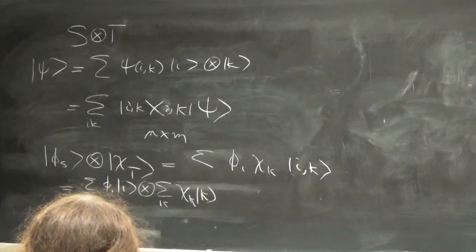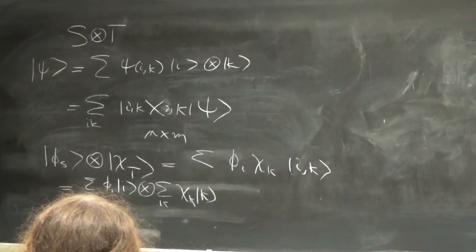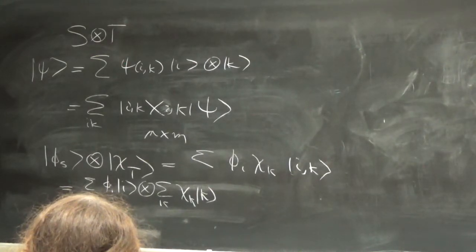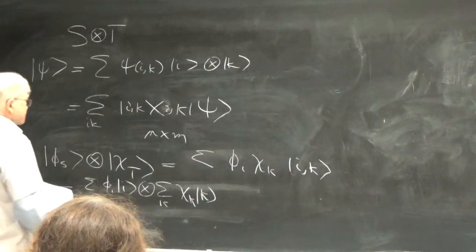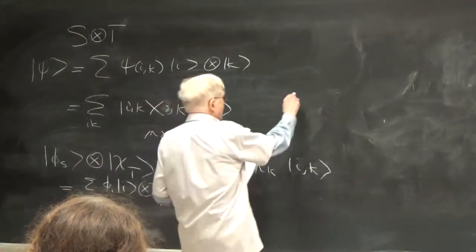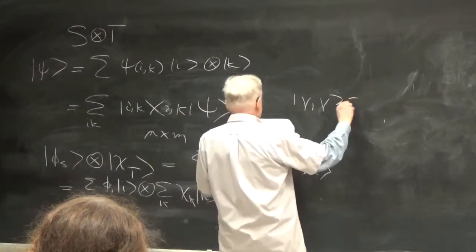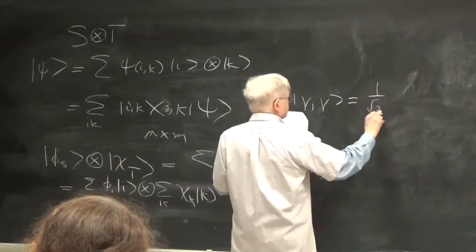So there's then this definition of entangled. Let me just give you an example. Gamma gamma is 1 over root 2.